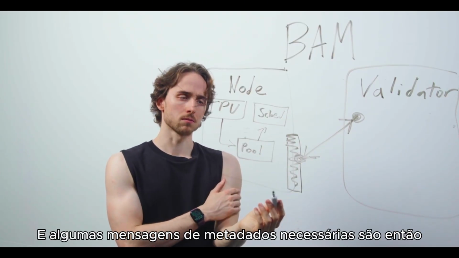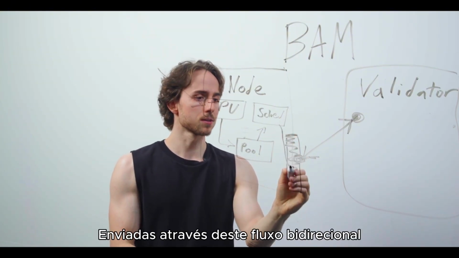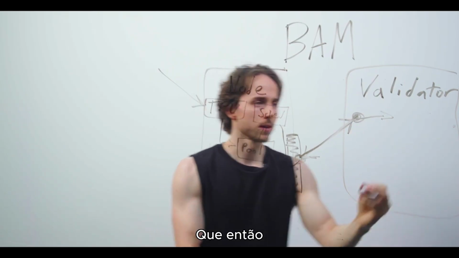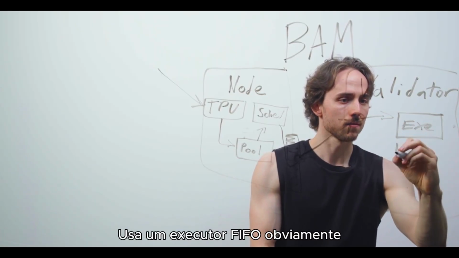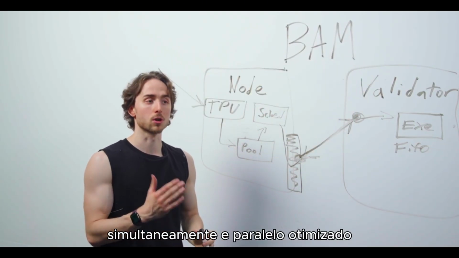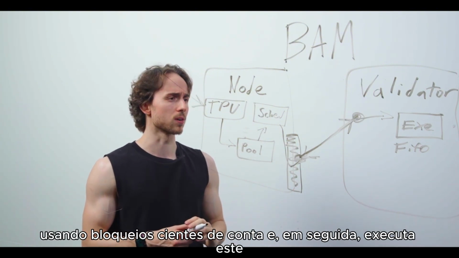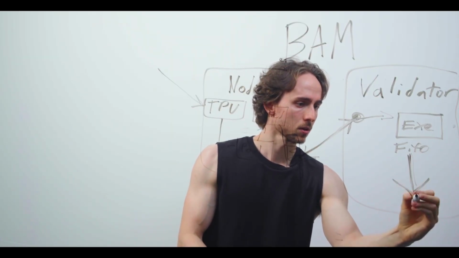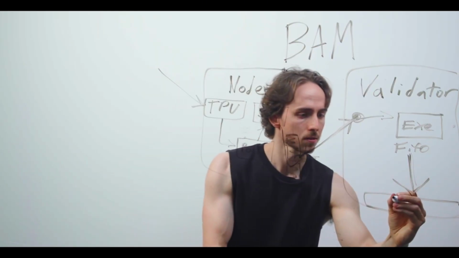Selected transactions and some necessary metadata messages are then sent through this bidirectional stream to the validator, which then uses a FIFO executor, obviously concurrently and parallel optimized FIFO using account-aware locks, and then executes this into the final state.